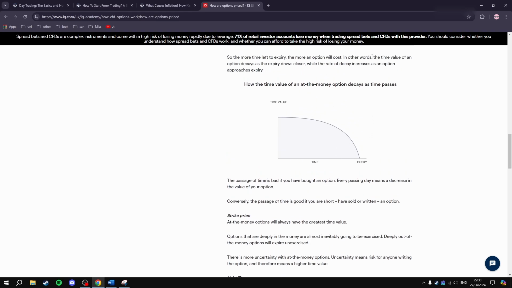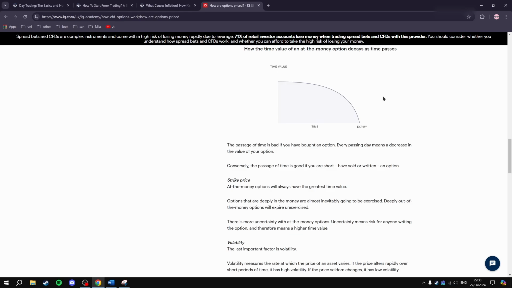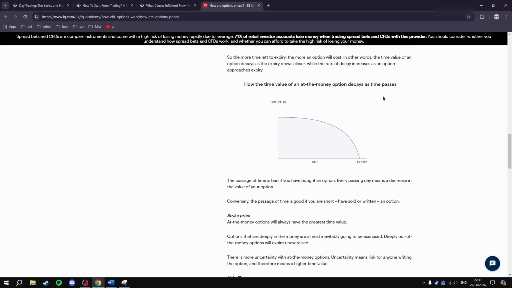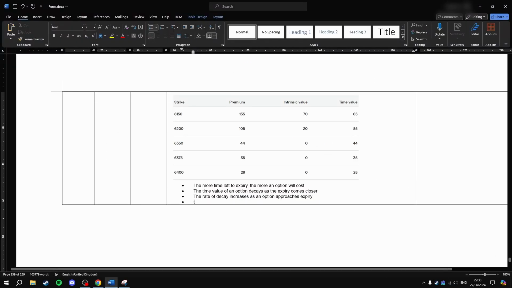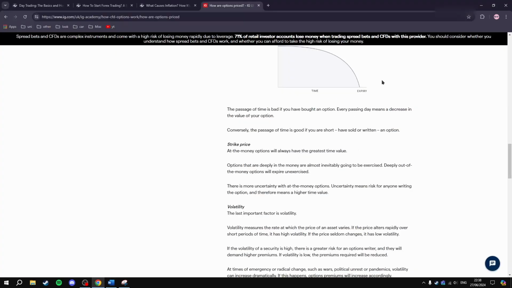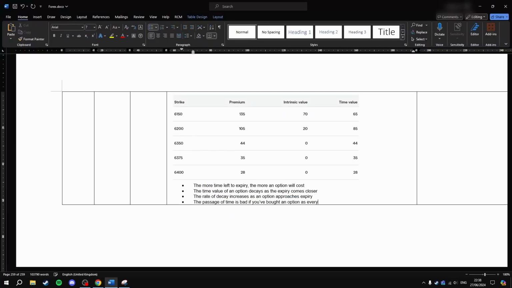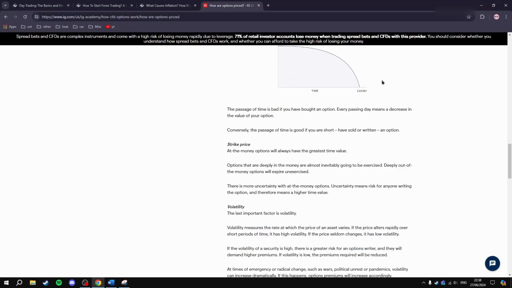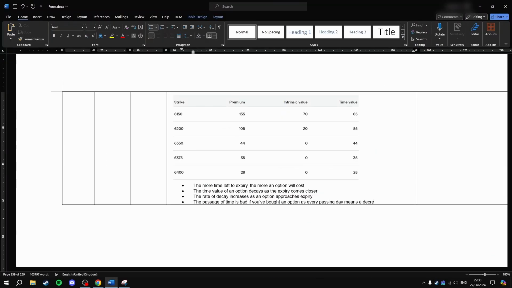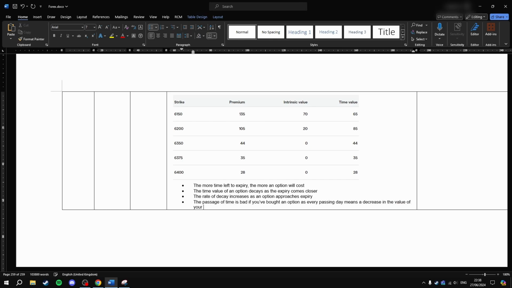The passage of time is bad if you've bought an option, as every passing day means a decrease in the value of your option.